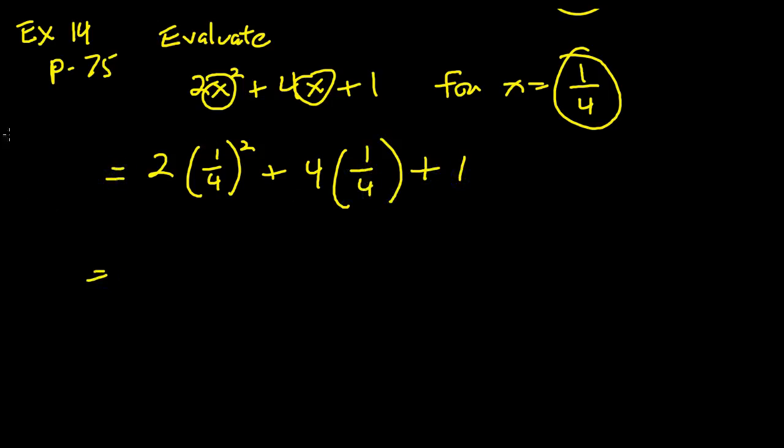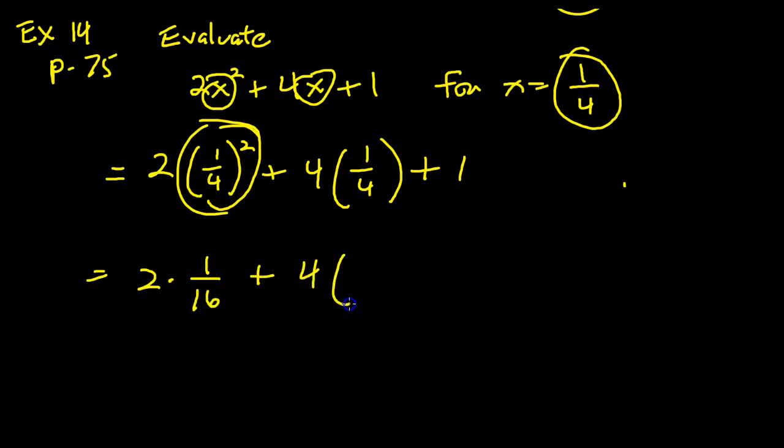All right, clearly the exponent expression gets done first here, right? What's 1/4 squared? Well, 1/4 squared is 1/16. 1/4 times 1/4 is 1/16. Okay, once that exponent is done, well, then I can do some multiplications here.